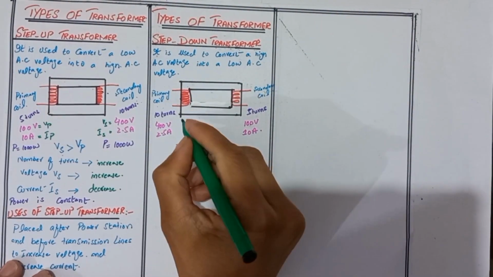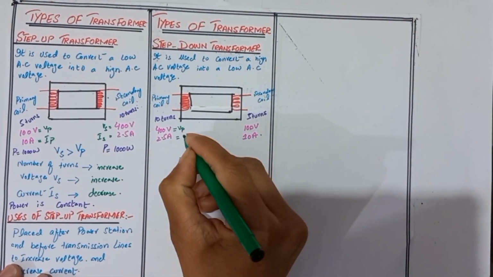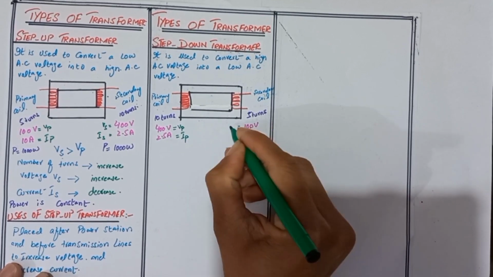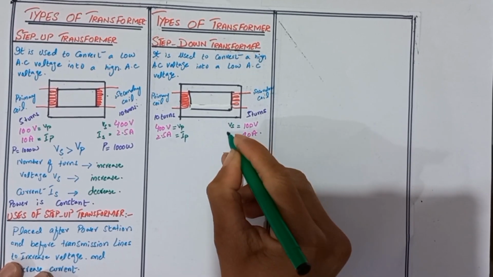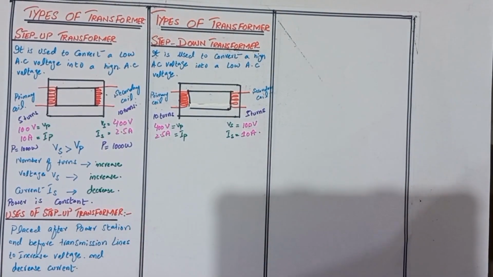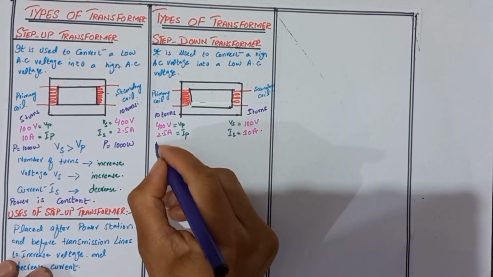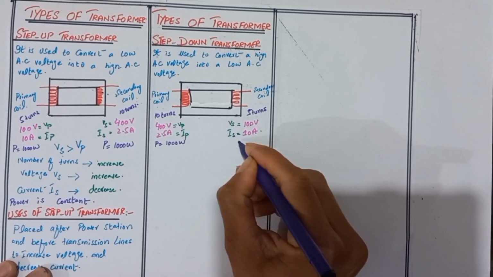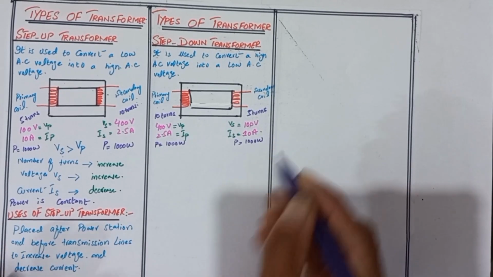Here the primary voltage is denoted by Vp and the primary current by Ip, and the secondary voltage is denoted by Vs and the secondary current by Is. Power is the same in both cases, 1000 watt.